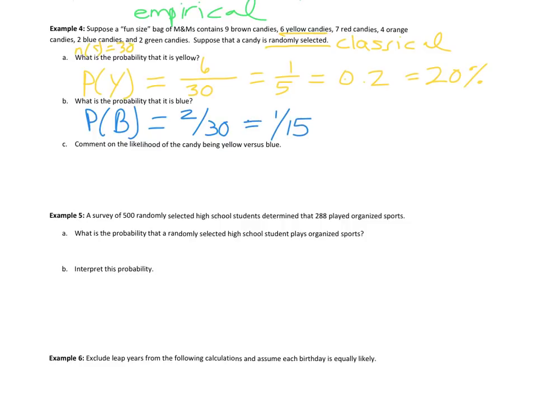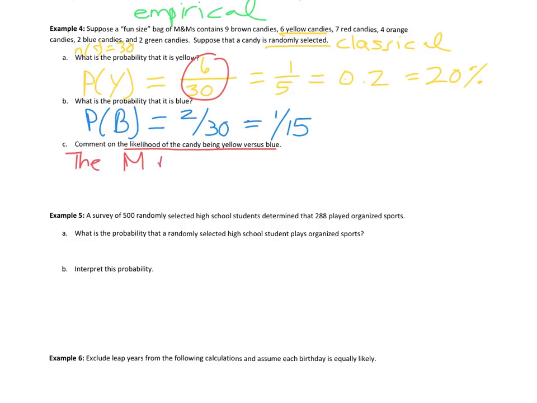So comment on the likelihood of the candy being yellow versus blue. Okay, well, which one is bigger? Yellow is bigger, okay? So we can say something like the likelihood of the candy being yellow versus blue. Well, the likelihood is bigger because the probability is bigger.